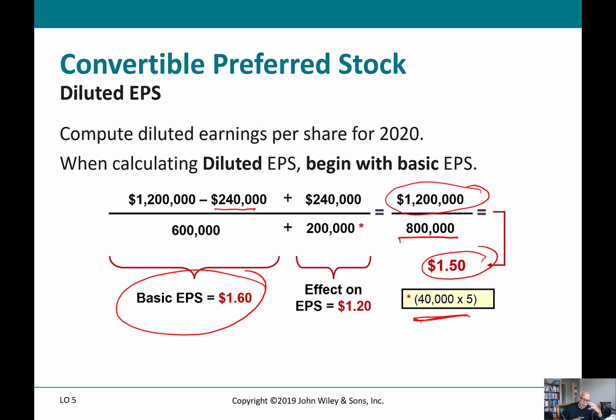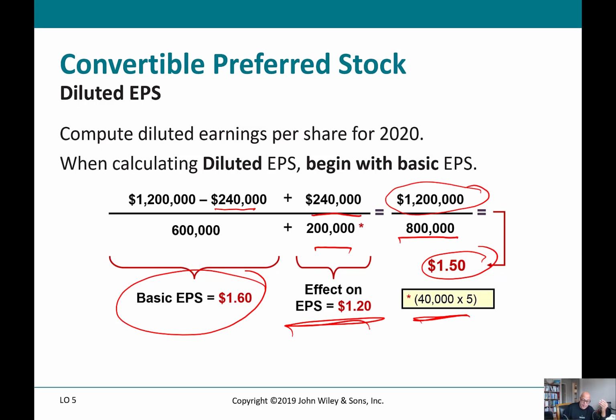Now, again, you should calculate, if you have multiple potentially dilutive conversions, you need to look at each one of them individually. So that's really what they did here. They said, well, look, if you increase the net income by 240 and you increase the shares by 200,000, that has an effect on earnings per share of $1.20.